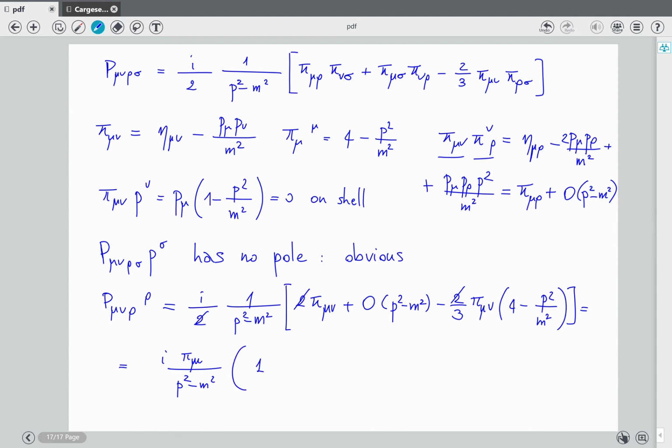So we have 1 minus 4/3 plus 1/3 p squared divided by m squared, and plus no poles. This is order 1. And you can see 1 minus 4/3 is minus 1/3. So precisely you cancel the pole and you have something of order 1.